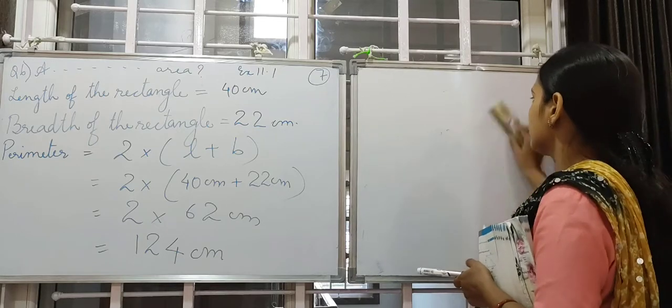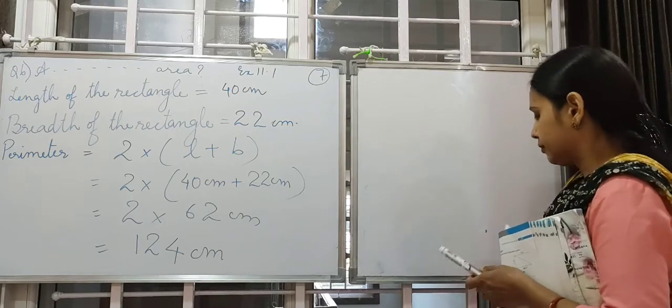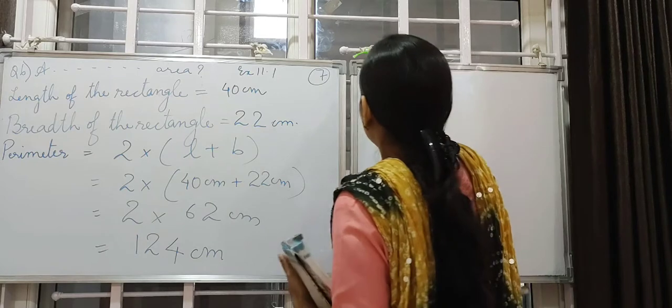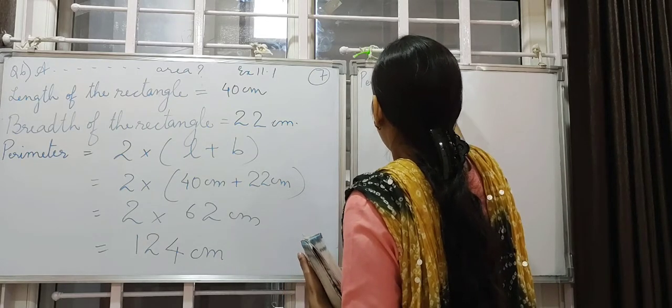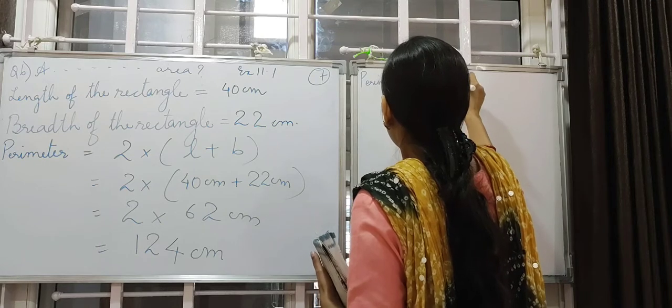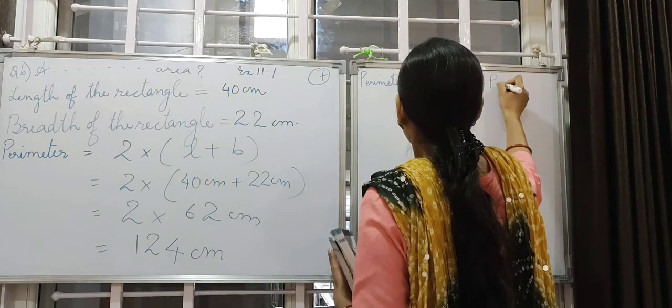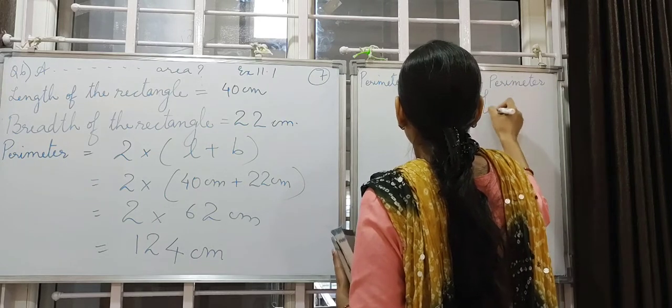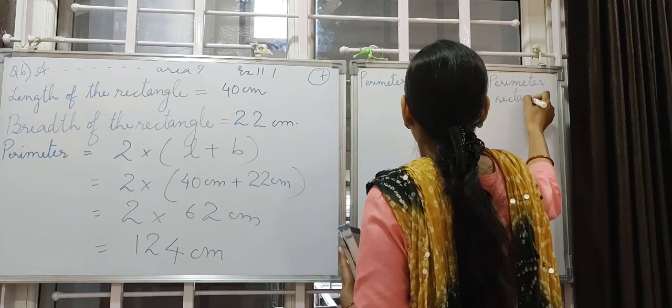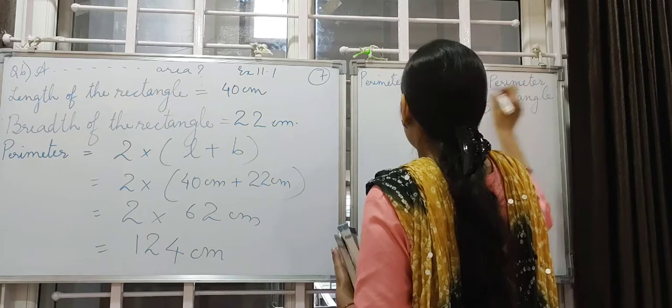So we will write perimeter of square is equal to perimeter of rectangle.